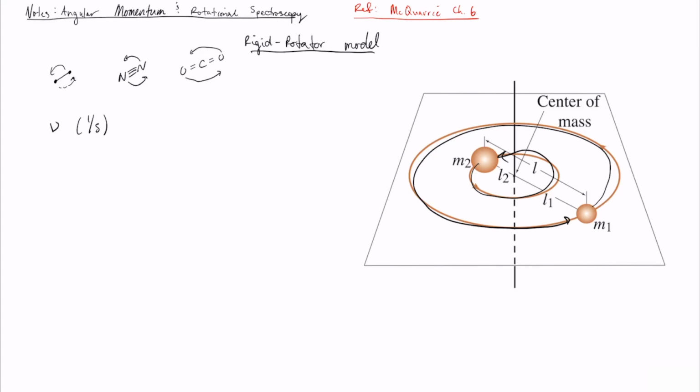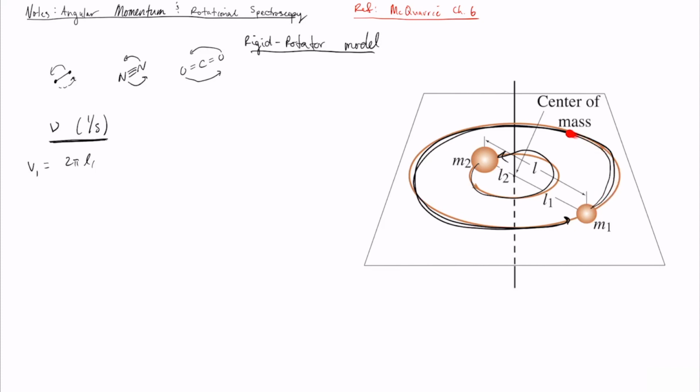Okay, so we take this linear frequency and turn it into something that tells us some information about the velocity. We're going to do this separately because the velocities for M1 and M2 could be different. For particle 1, we have V1, and the distance that it's traveling is going to be 2 pi times L1.